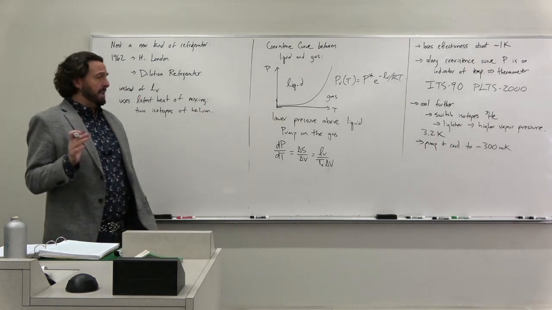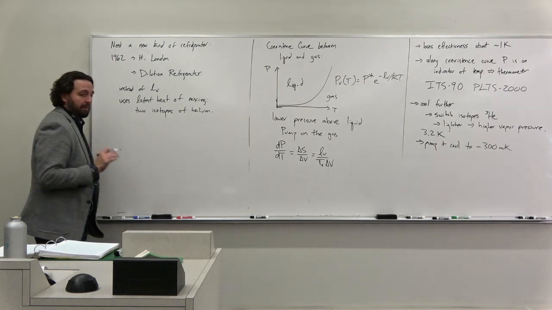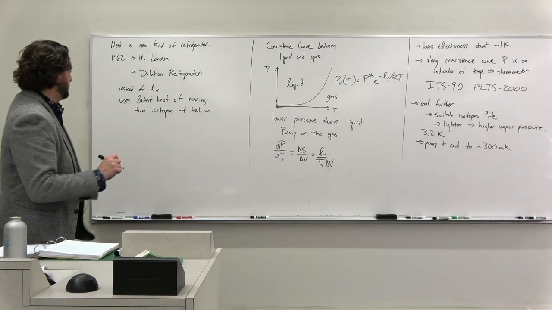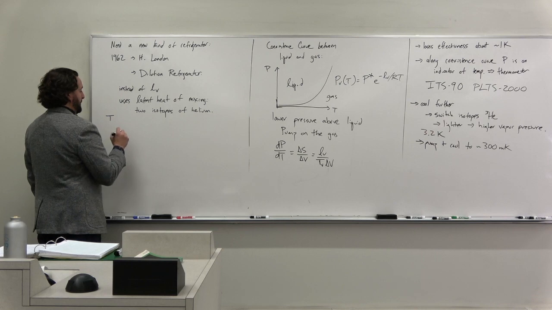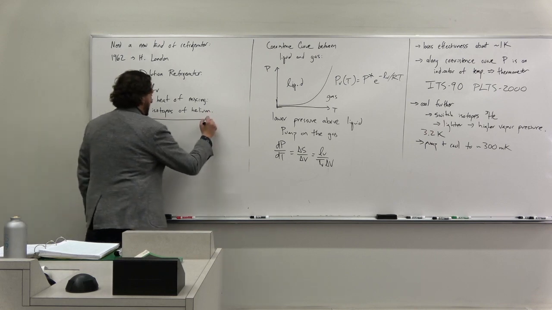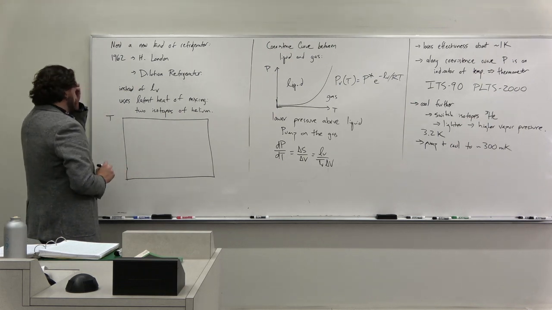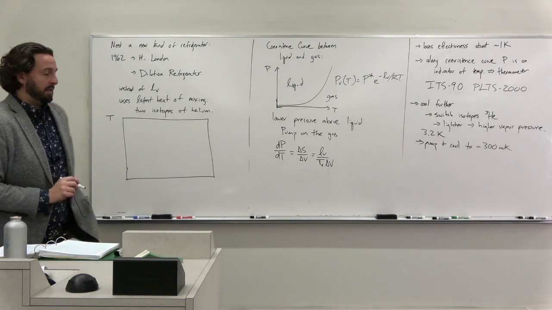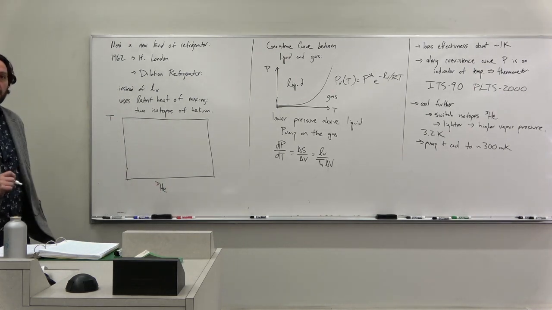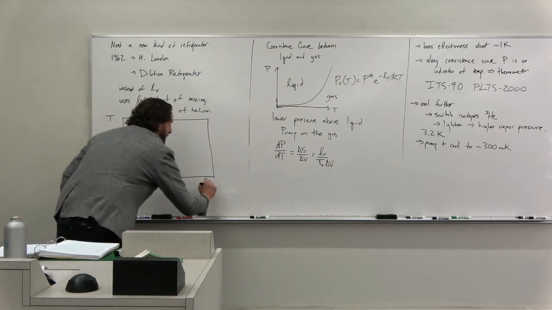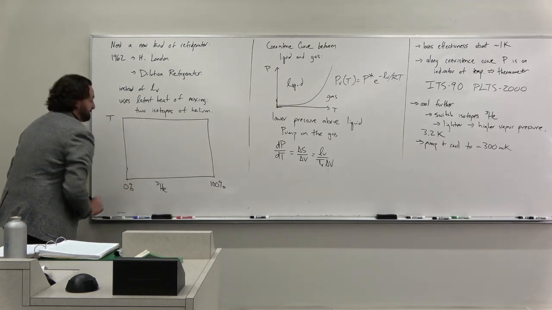Okay, so to understand this next step, to understand the dilution refrigerator, we actually have to look at the phase diagram of the mixing of two isotopes of helium. I'm going to draw this as a box. On this axis is going to be temperature, and on this is going to be the concentration of helium-3. So this is going to be, let's say, 100%, and this is going to be 0%.